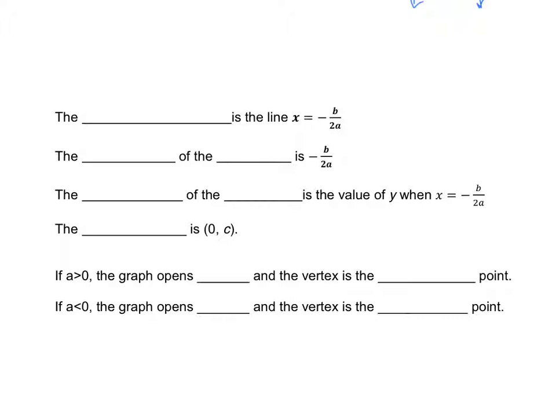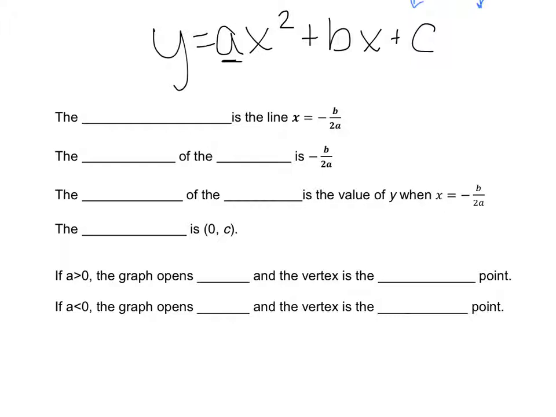All right, from our standard form, y equals ax squared plus bx plus c, we can use the numbers a, b, and c to help tell us stuff about the graph. If you plug those in to this formula right here, it gives you the axis of symmetry. We don't even need c for that.